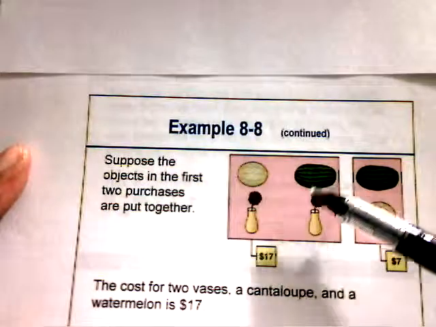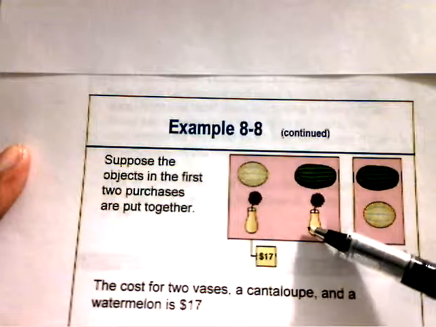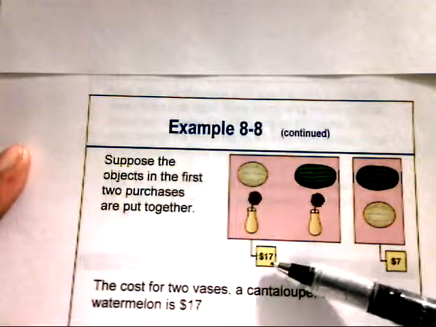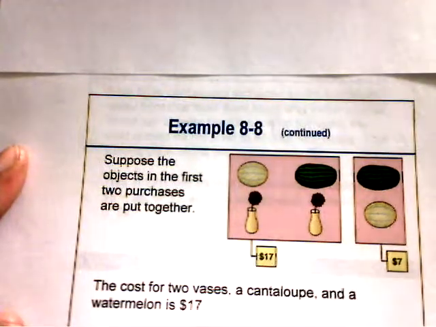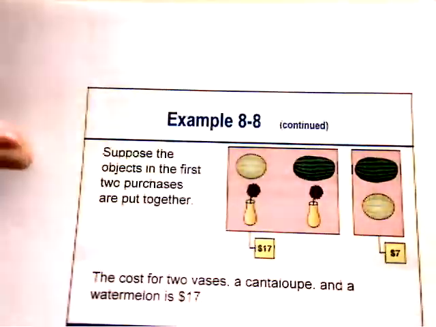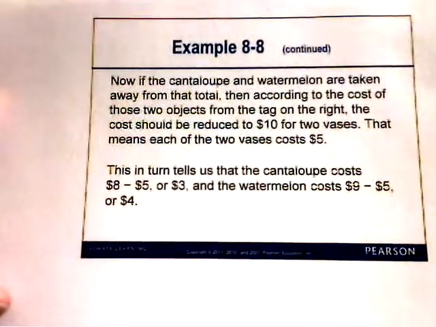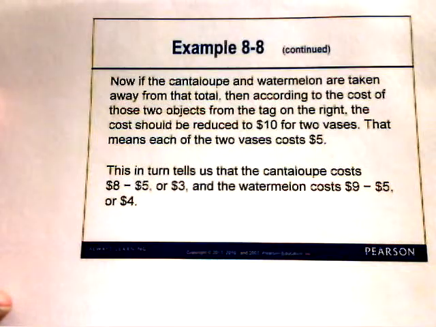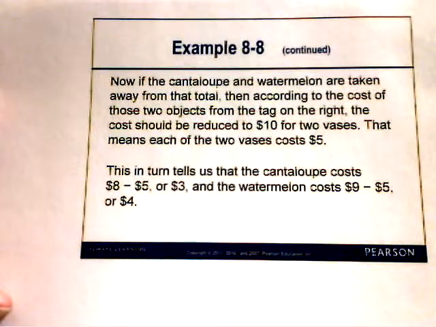So the cantaloupe, watermelon, and 2 vases with a flower in it will be $17. Okay, now let's look at this. If the cantaloupe and the watermelon are taken away from that total, then according to the cost of those 2 objects from the tag on the right, the cost should be reduced to $10 for the 2 vases.